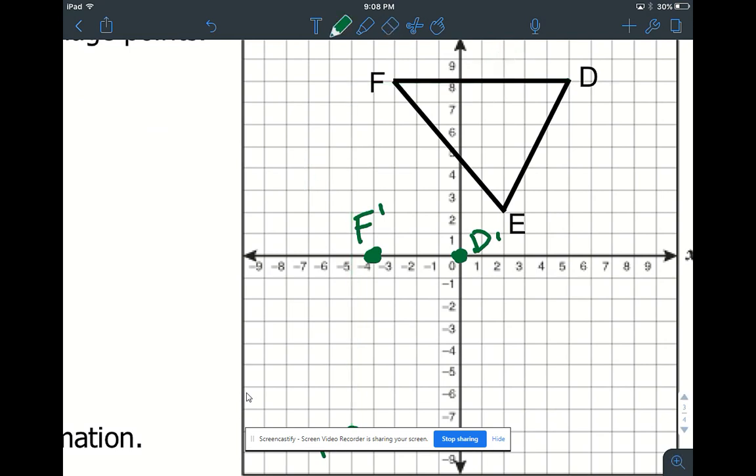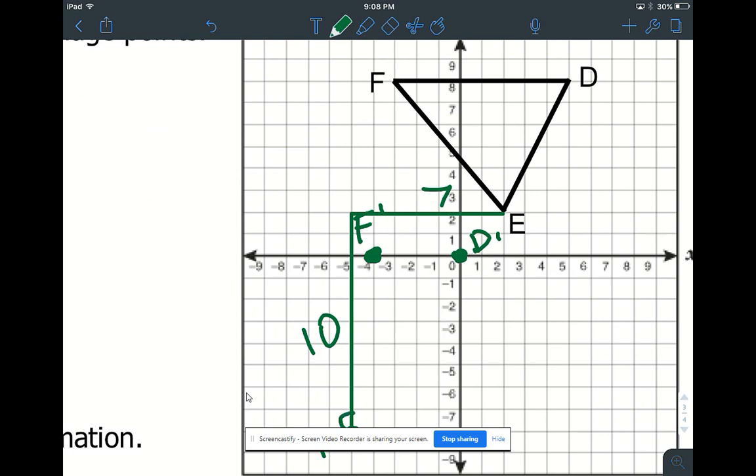And then lastly, we need to get to E. So how many is that? Up 10. And then right 7. So we need to cut that in half. So that means we would go up 5. 1, 2. And then 7 cut in half would be 3.5.